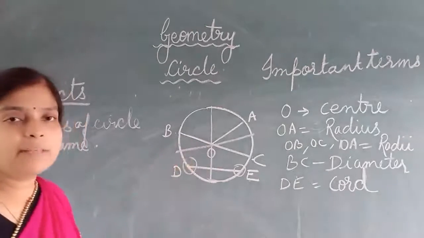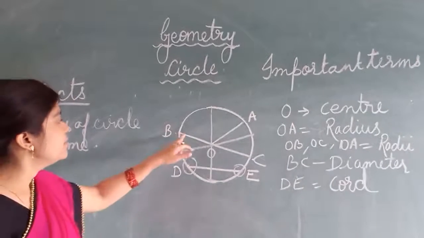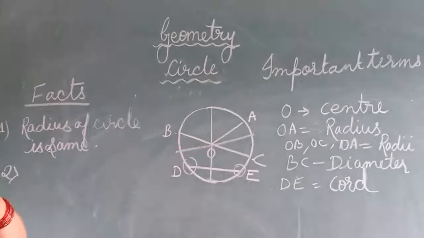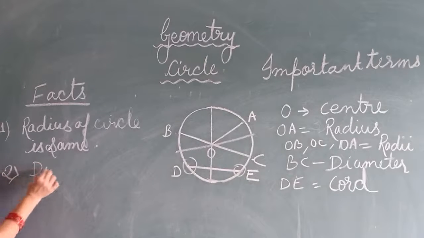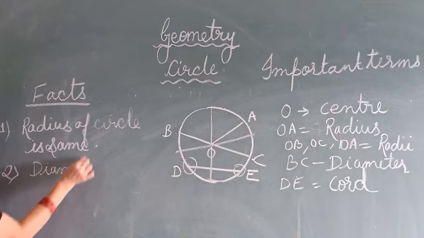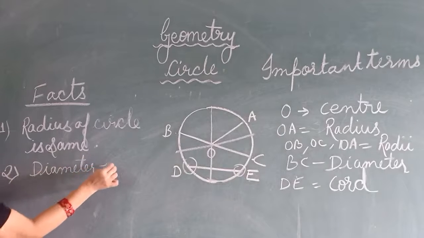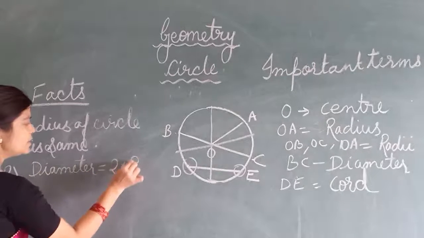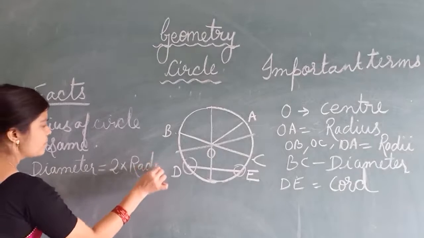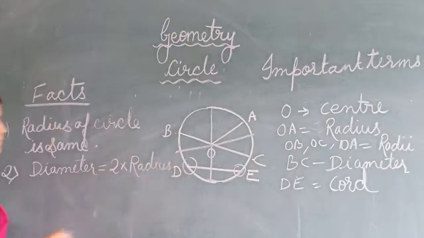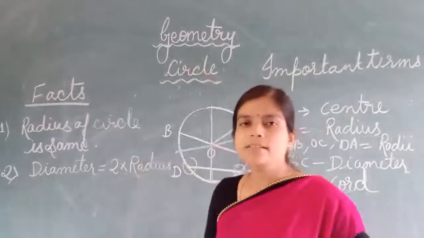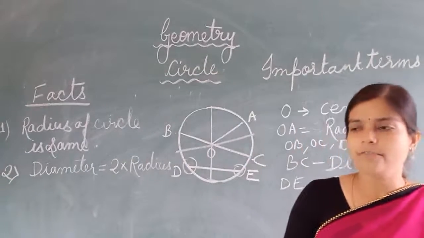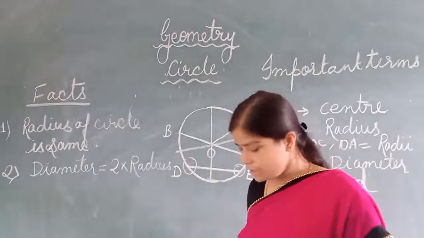Then diameter. Diameter of the circle is always double of the radius. That is also a fact. Okay. Diameter is equal to 2 into radius. Okay. And third fact is, diameter is the longest chord of the circle. What is that diameter?